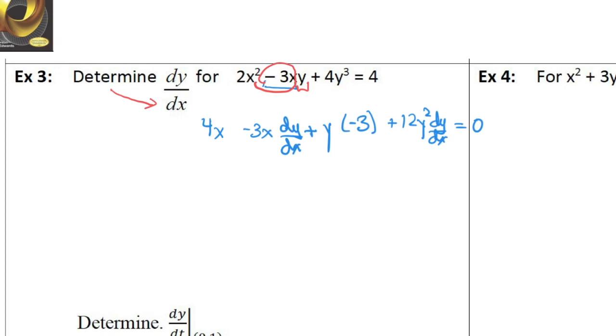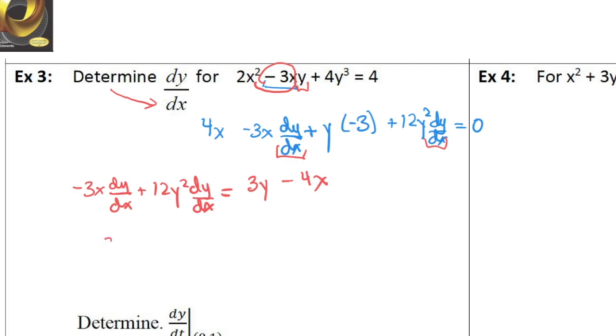All right, now this looks messy. So our directions were to find dy/dx. As you can see, dy/dx is occurring in 2 parts of the problem. So we're going to keep negative 3x dy/dx and positive 12y squared dy/dx on the left side, and move through subtraction our negative 3y to the right, make it positive 3y, and then we will subtract 4x.